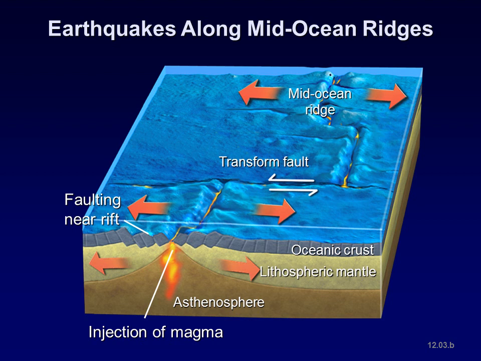So those rocks have cooled and solidified, so when you push them apart, they're breaking along normal faults. And we also get faulting along transform boundaries. So shallow strike-slip earthquakes occur along those transform faults.